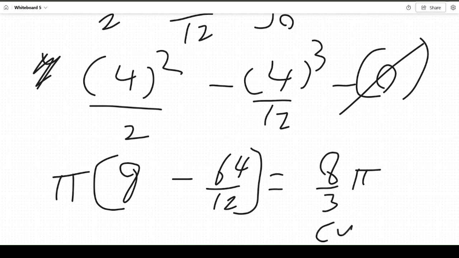And this will be our final answer in terms of cubic units.